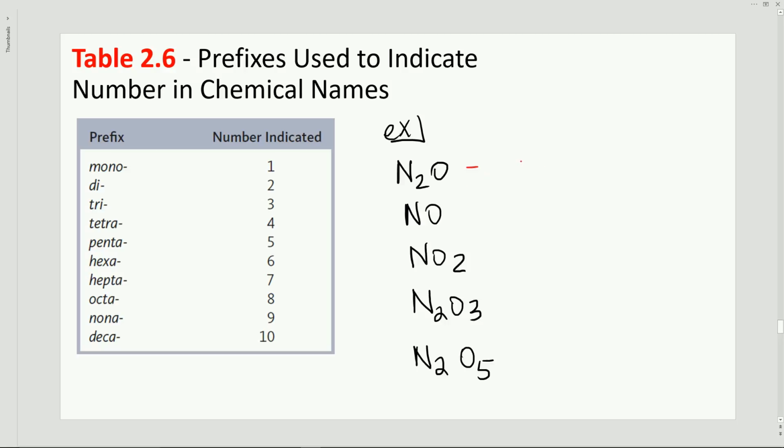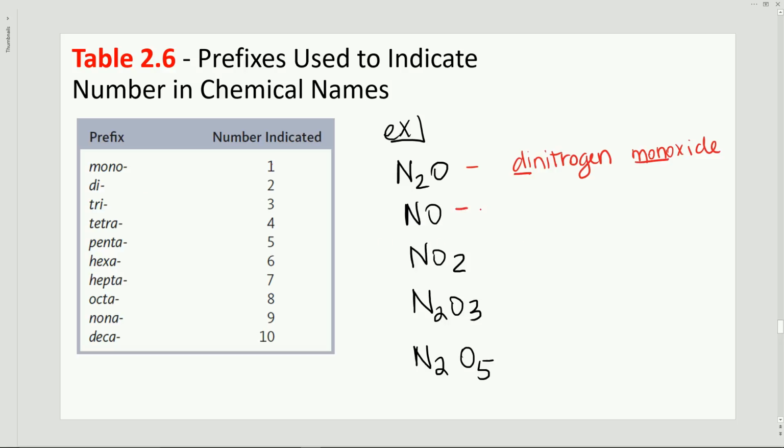So we have dinitrogen, so we just use the full element name. And then remember, we name the second element as if it were an anion. So dinitrogen monoxide. So di means 2, mono means 1.